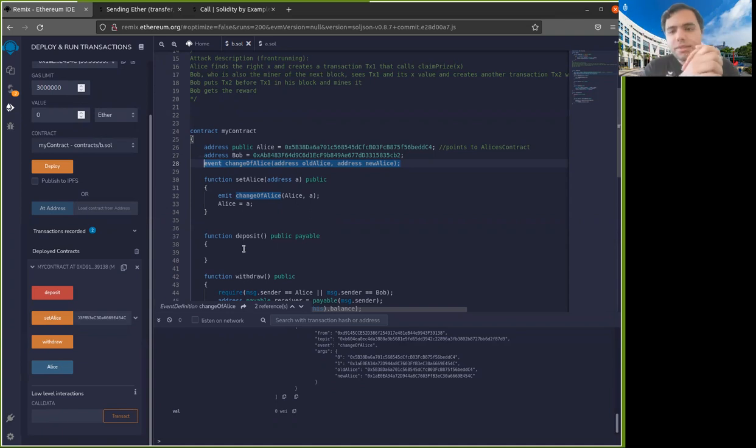And you can, for example, have an app that just listens for some particular events. So suppose that you want your app to do something when some particular event is triggered in your contract, you can just listen for that event and see when it happens on the blockchain.